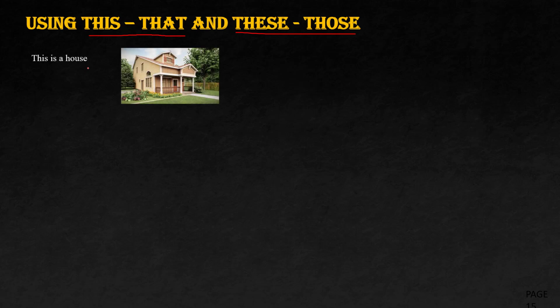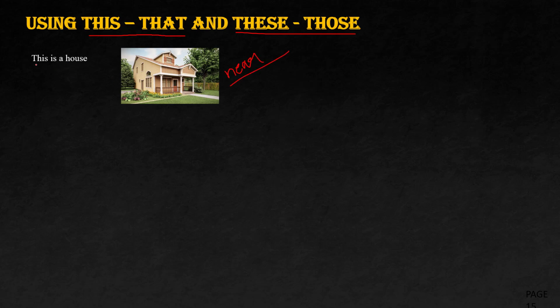Now create sentences by using this and that, these, those. Okay, let's see now. The first one, when we use this, if the thing or the person is very near to you, we use this.